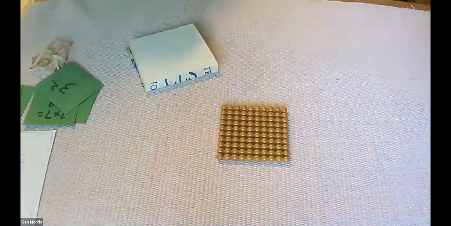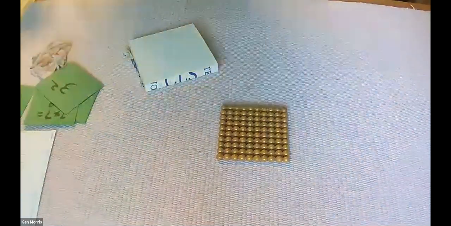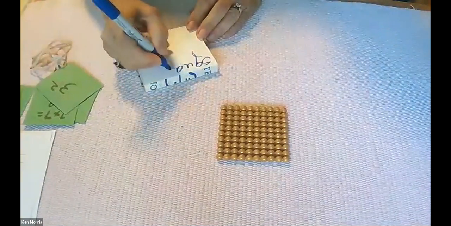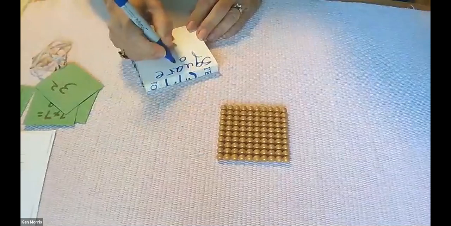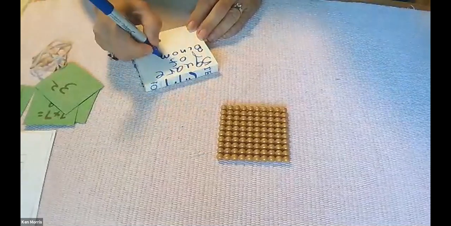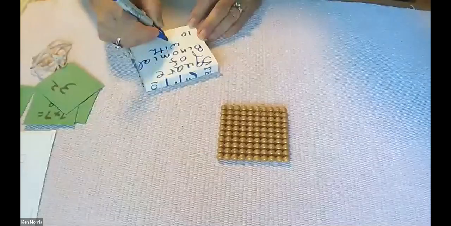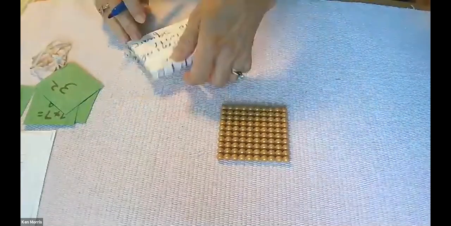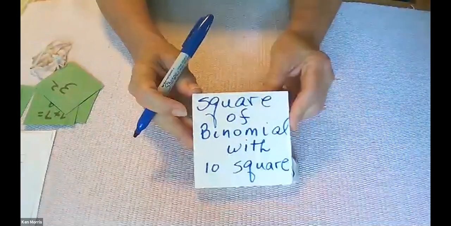It's the square of the binomial with the 10 square. Square of binomial with 10 square. Okay, hopefully you can see that.